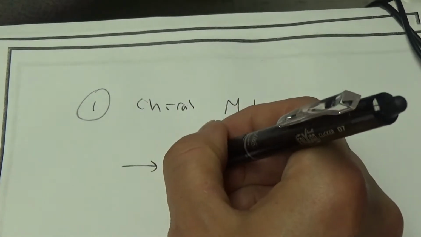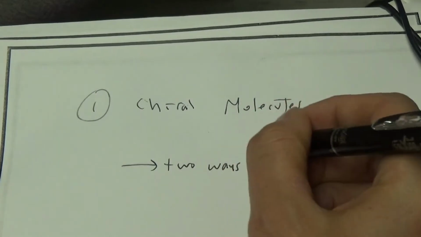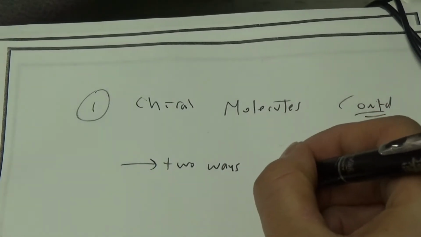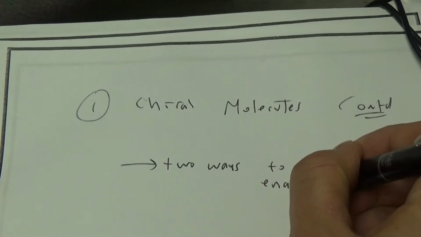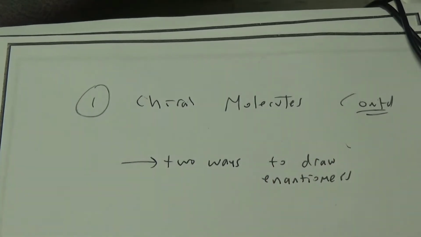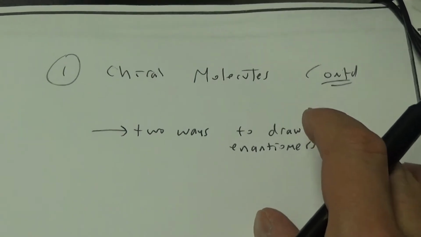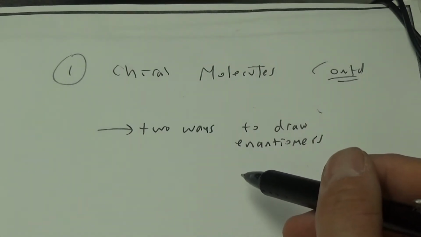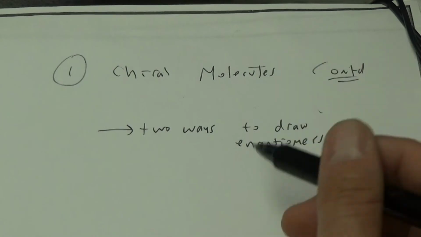There are 2 ways to draw enantiomers. There's actually more than 2 ways, but certainly when you're learning this, you just want to be able to draw the enantiomer easily. There's kind of 2 ways that I think stick out.